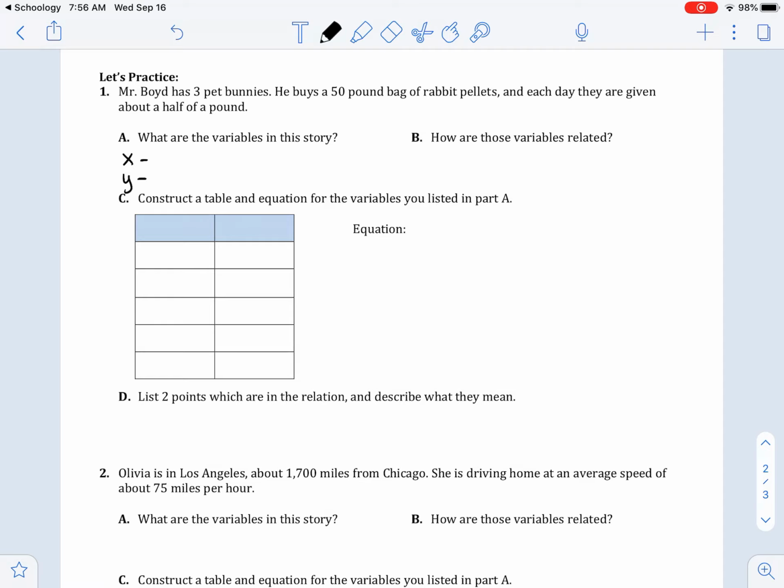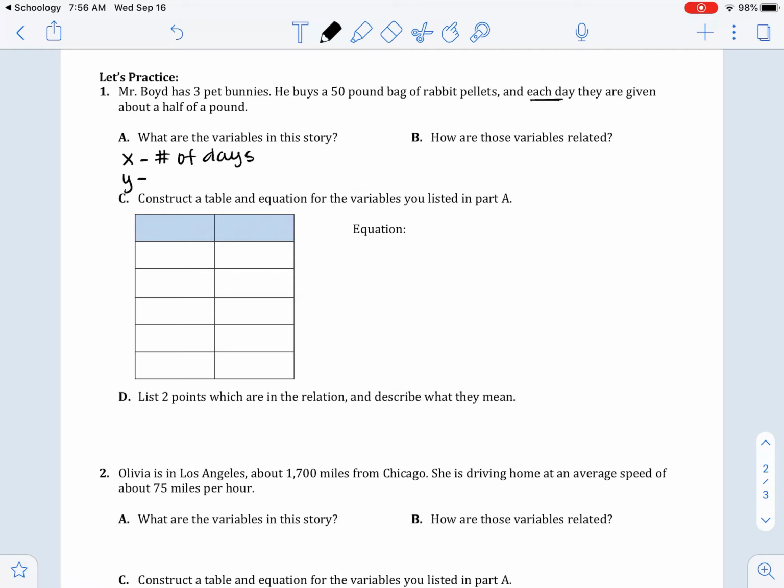Okay. So X, let's reread this again here. He has a 50-pound bag of pellets, and then each day they're given about a half of a pound. So I just don't know how many days he's feeding the rabbits for, right? So X is going to be the number of days.